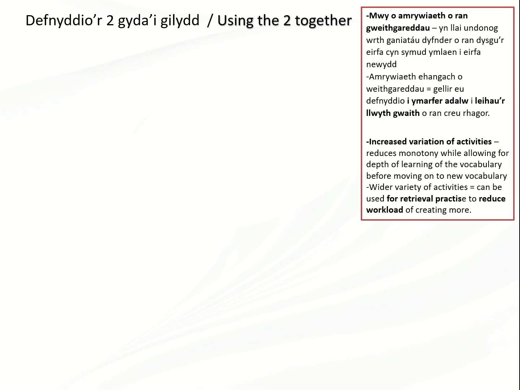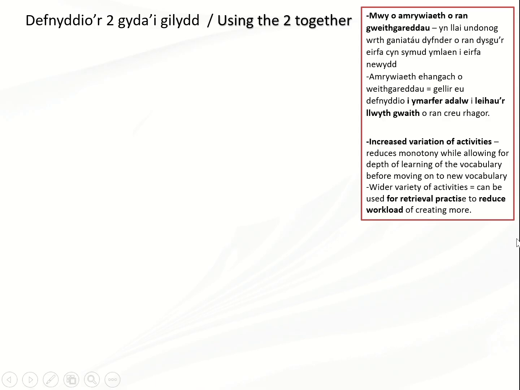But if you wanted to use the two together, I think it's a great way to really help you, because not only do you get increased variation of activities, so that might help reduce monotony instead of still using the same Light Bulb Languages video over and over again. You could use the Central South resources to really help you in the videos that are embedded in there.